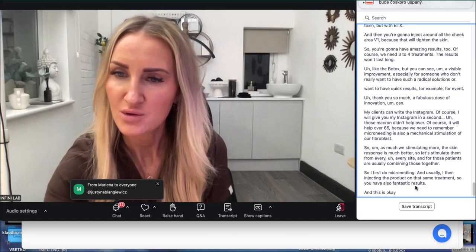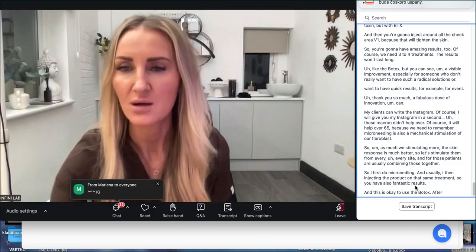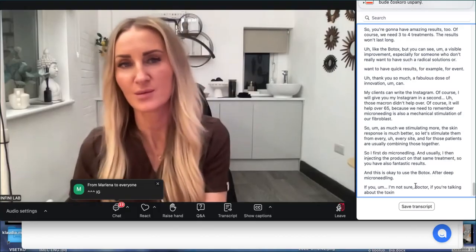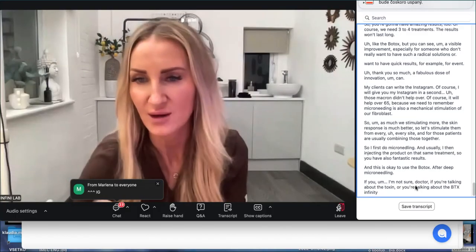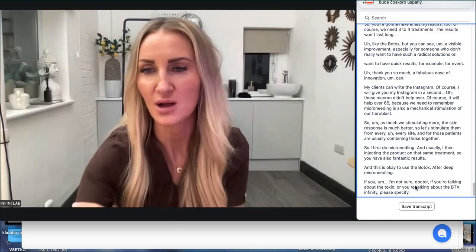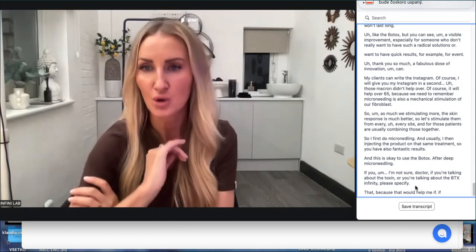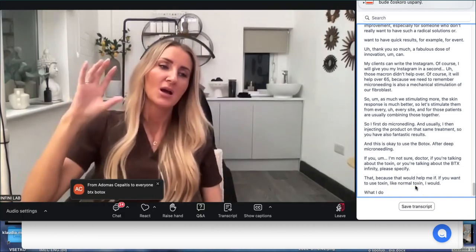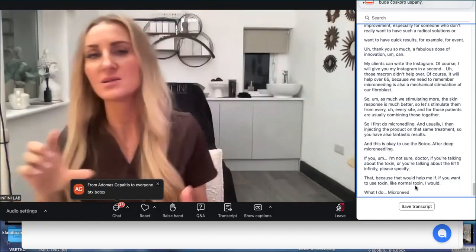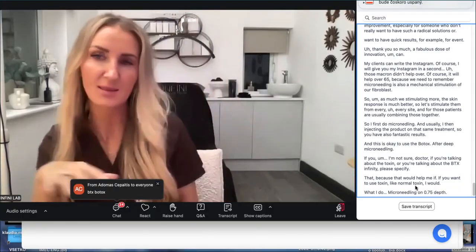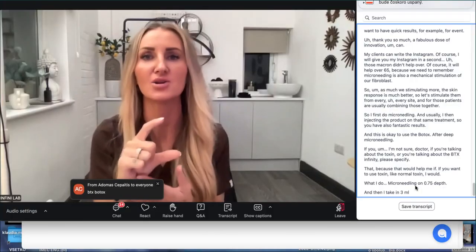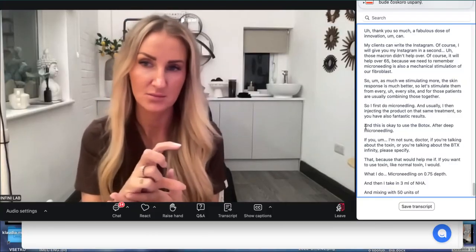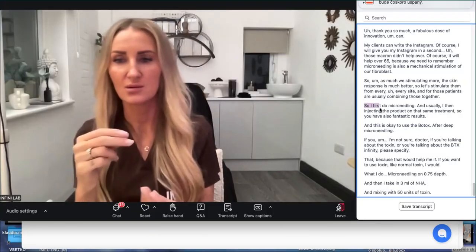And is this okay to use the Botox after deep microneedling? Doctor, I'm not sure if you're talking about the toxin or the BTX Infini, please specify that, because that would help me. If you want to use normal toxin, what I do is microneedling at 0.75 depth, and then I take 3 ml of NHA and mix it with 50 units of toxin in a vial.